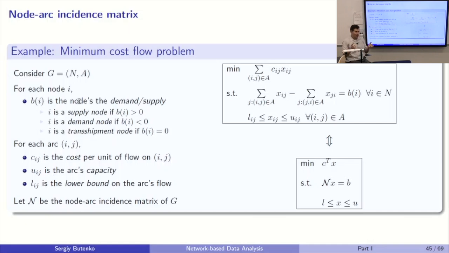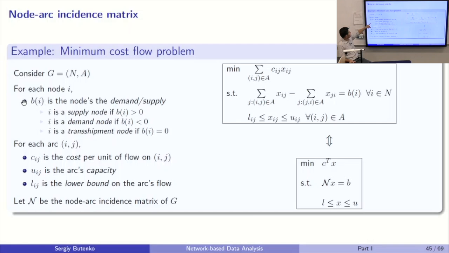So this minimum cost network flow problem is a very general model that covers a lot of network problems, such as shortest path, maximum flow, and so on. So it's a central problem in network optimization, which is one of the easy to solve problems, can be solved in polynomial time.